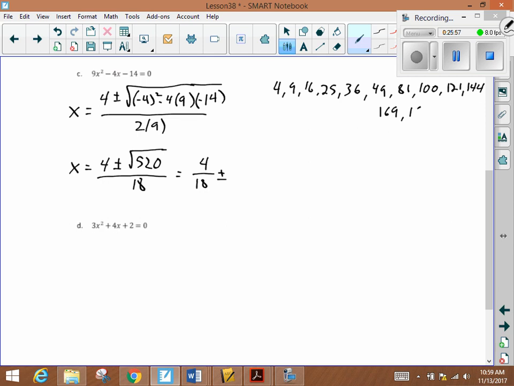Then we got 196 and then 225. 4 is the biggest one of all those, and I think that's it, because 225 is going to get too big. So 4.